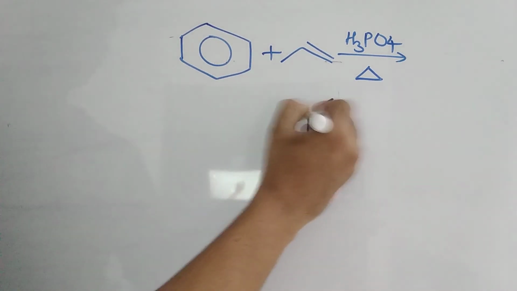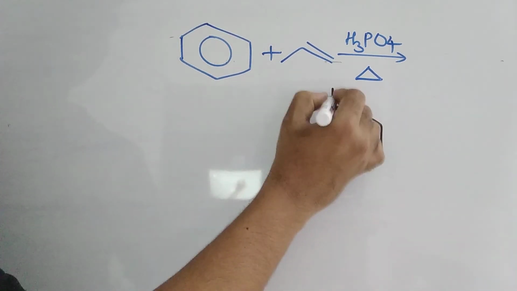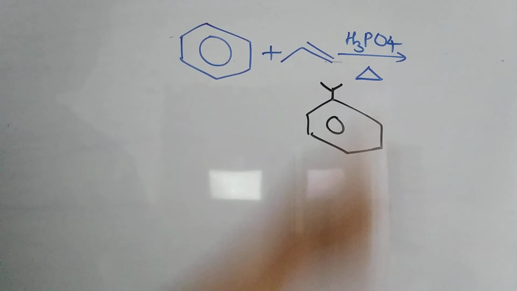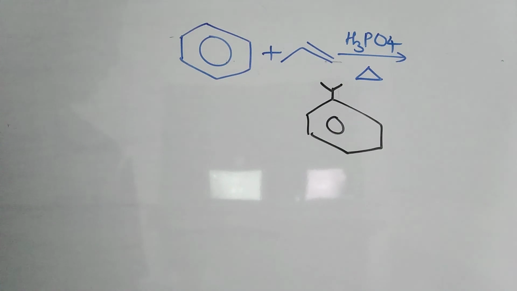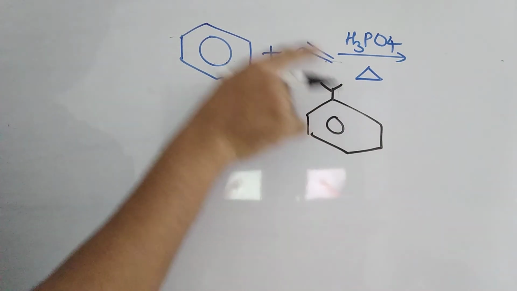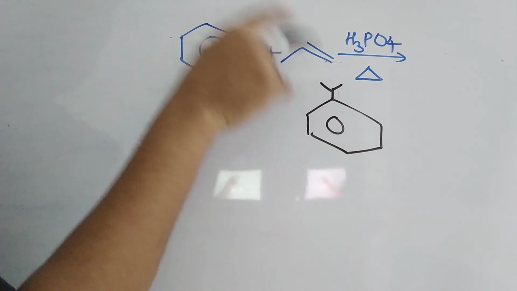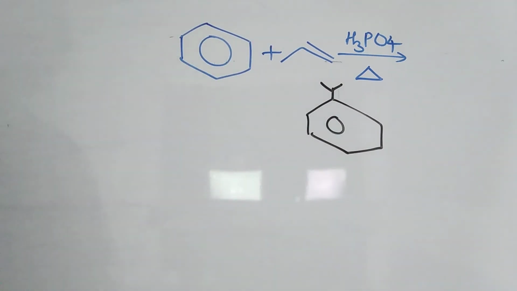Correct? Exactly. Isopropylbenzene. Because H3PO4 gives a proton, the proton will be added here and we will get a secondary carbocation. The secondary carbocation is going to be added here, and isopropylbenzene is the answer. That's 100% true.